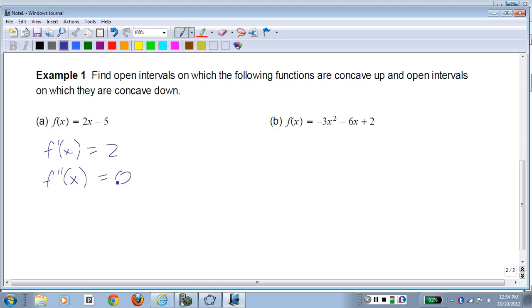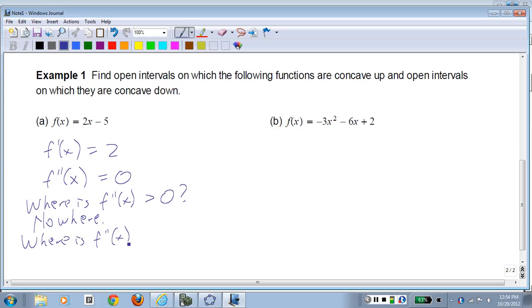Well, I don't know if the sign graph would be all that productive here. Where is f double prime of x positive? Nowhere. It's always 0. Where is f double prime of x negative?